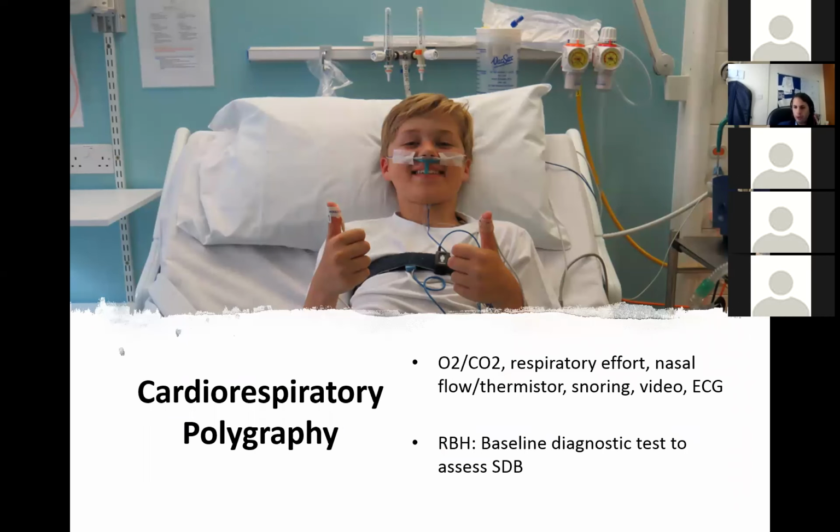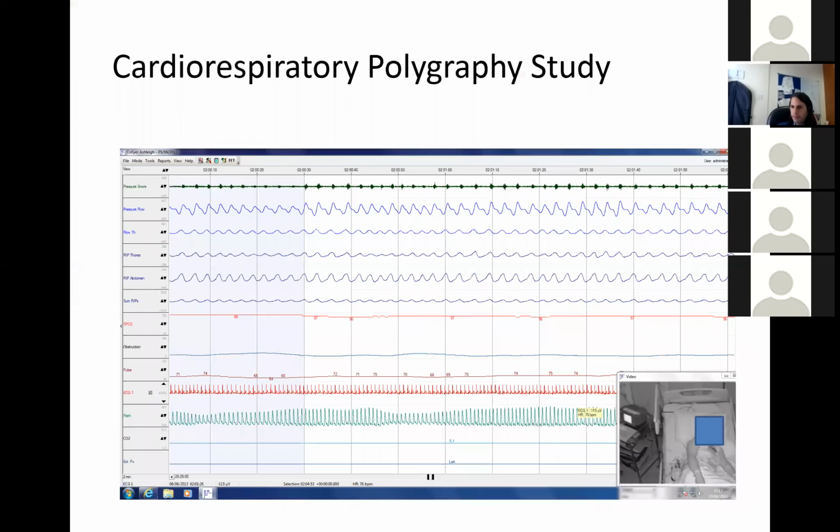So the next step from an O2CO2 study is a cardiorespiratory polygraphy. That's got the O2CO2, and also you can see respiratory effort, the nasal flow, snoring, you have a video, ECG, and at the Brompton, this is our baseline test to diagnose and assess sleep disordered breathing. And this is the readout you get from a cardiorespiratory polygraphy.